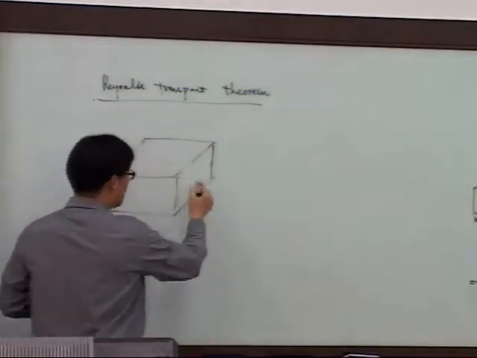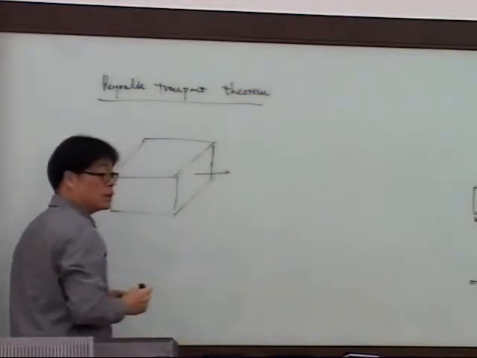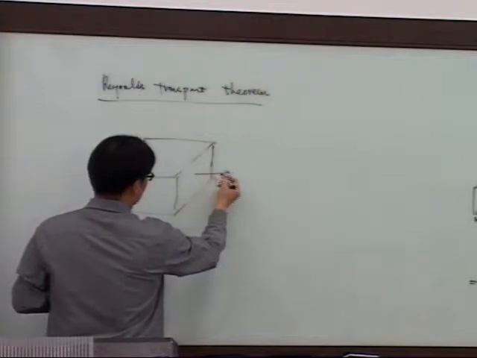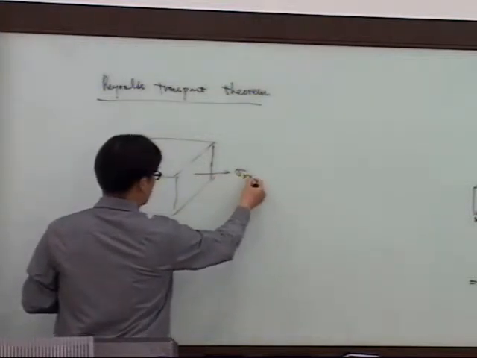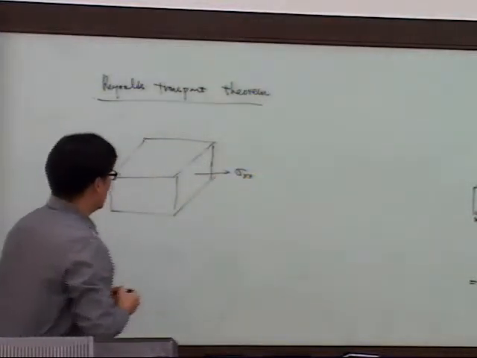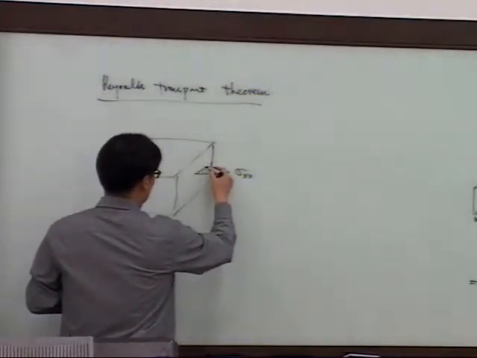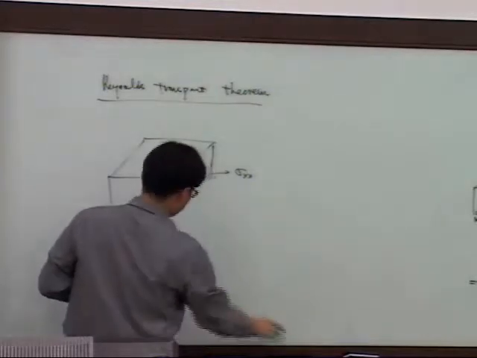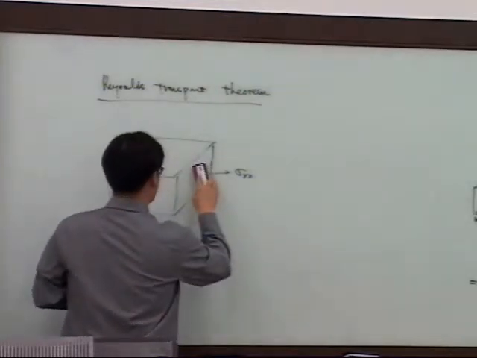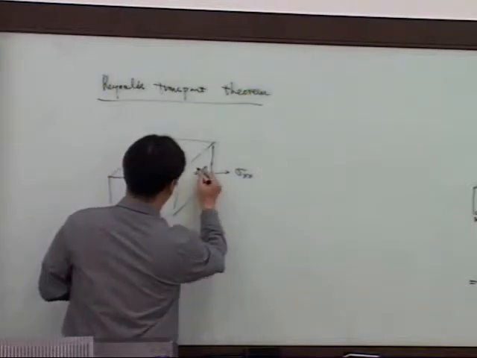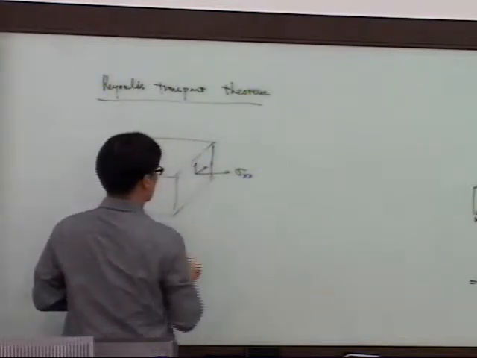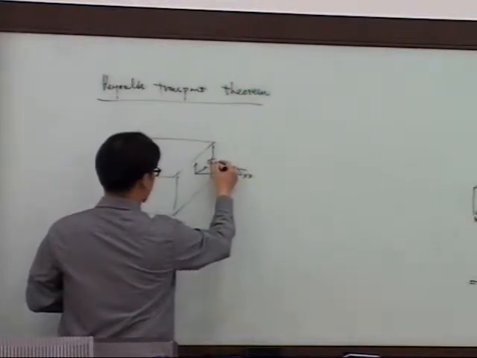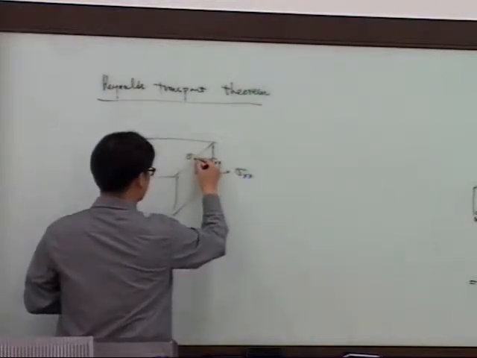On this surface, there is a force due to the normal force in the normal direction, which we call sigma xx. And of course there is a force in the y and z direction. So this is sigma, let's call it xy, and this is called sigma xz.